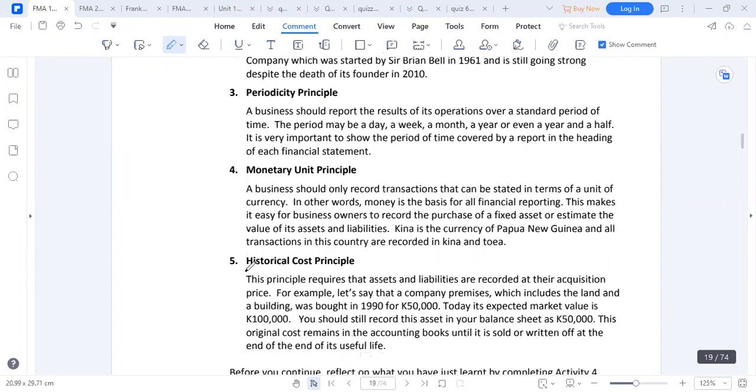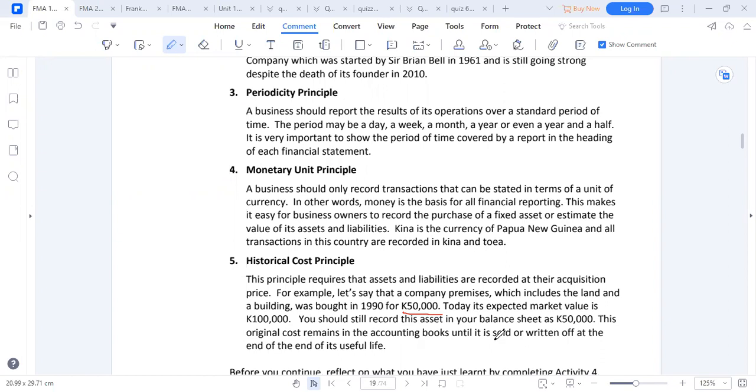The historical cost simply assumes that our current liability and assets must be costed at the cost at which you bought them. If you bought land in 1990, that's a cost value.